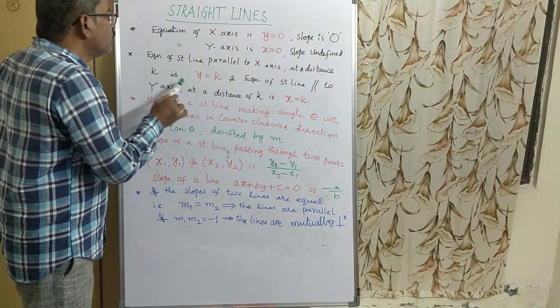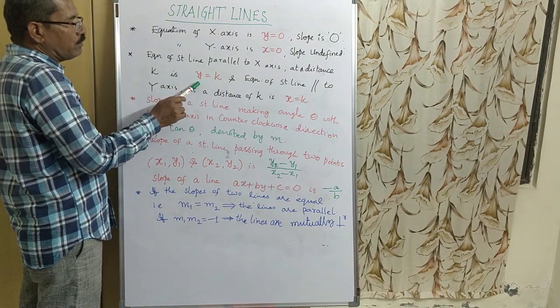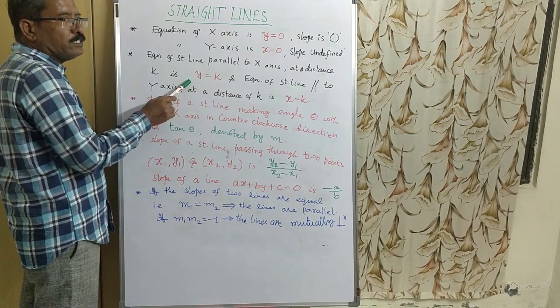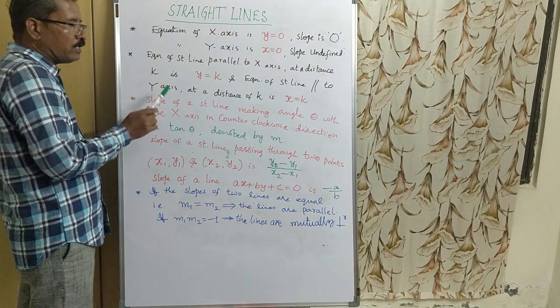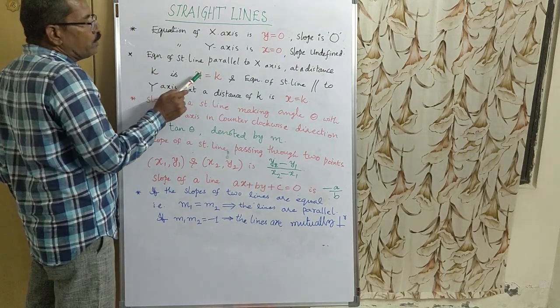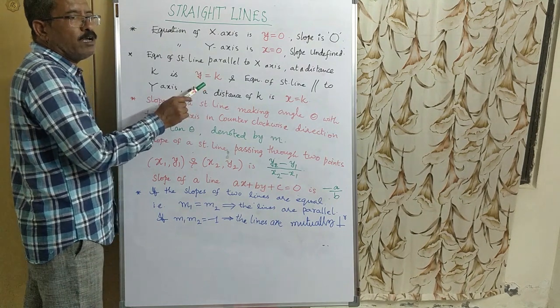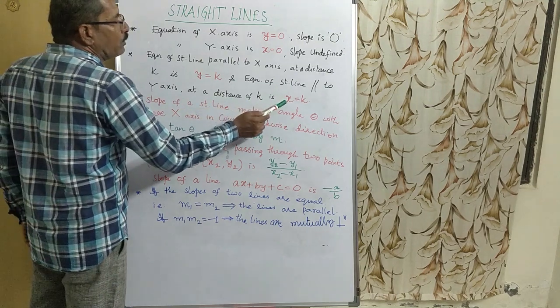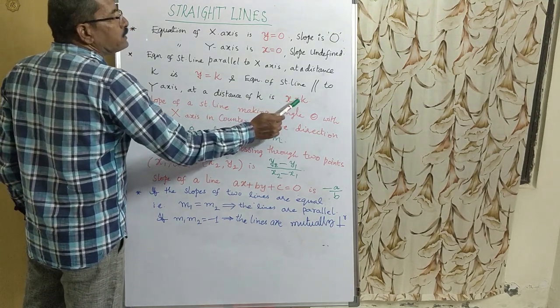Y is equal to k means like this, so it is on the upper side of the x-axis. If it is y is equal to minus k, it is on the downside of the x-axis. And for x is equal to k, it is on the right side of the y-axis. If x is equal to minus k, it is on the left side of the y-axis.